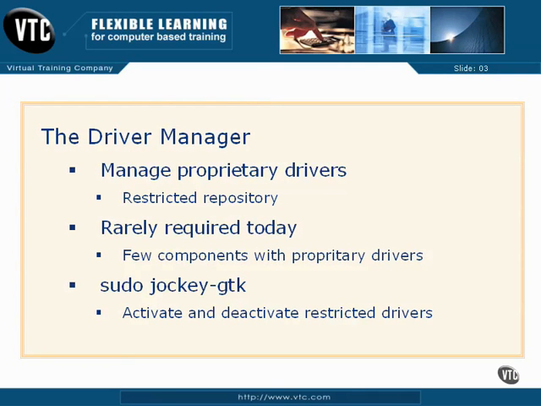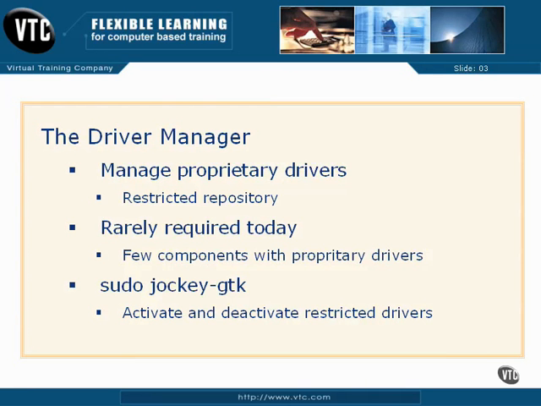In most cases, mine included, it'll be blank. As Ubuntu has made so much progress with hardware, few proprietary drivers are required. It's to the point for the Hardy Heron release, where the restricted repository, which would have these drivers, has fewer than 40 packages for less than 10 hardware components.